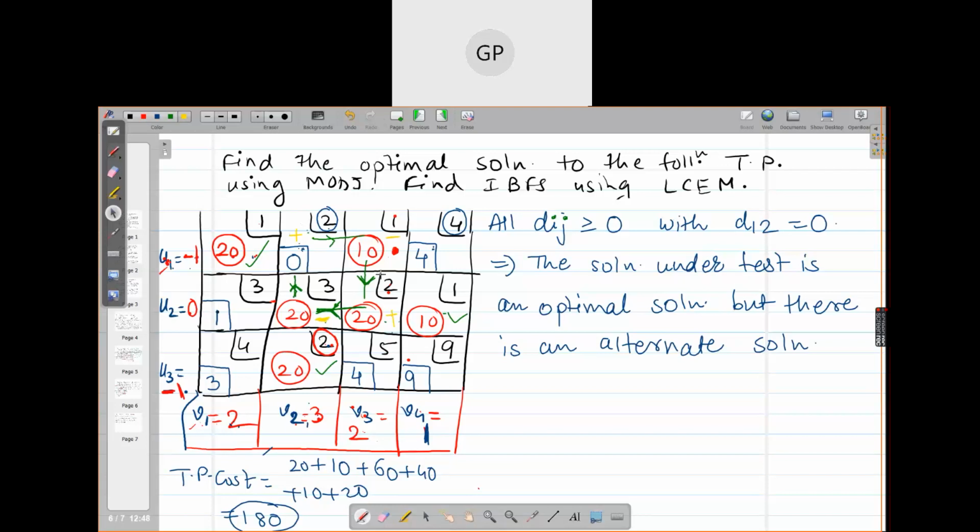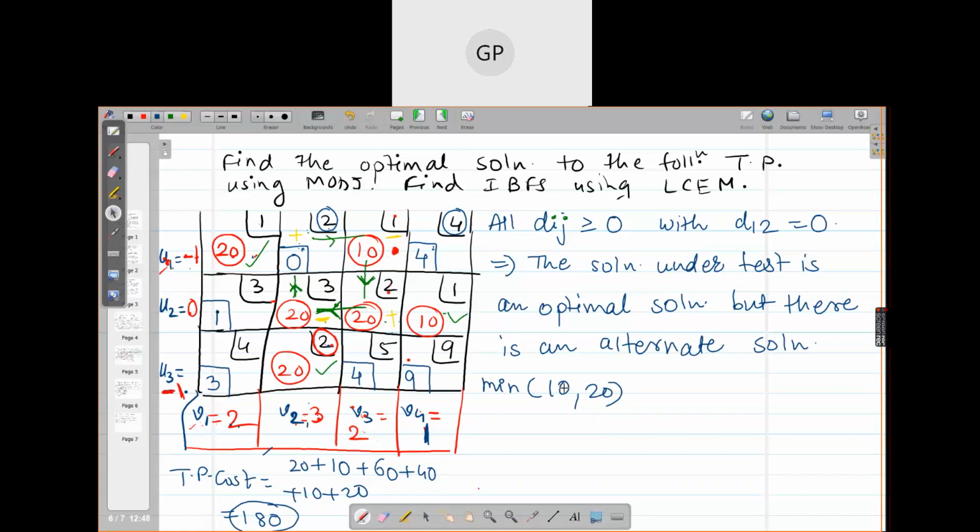Can you see the negative sign here? Yes, ma'am. So what is the minimum of 10 and 20? How many units are put there? In cell 1, 3, there are 10 units, and in cell 2, 2, there are 20 units put.